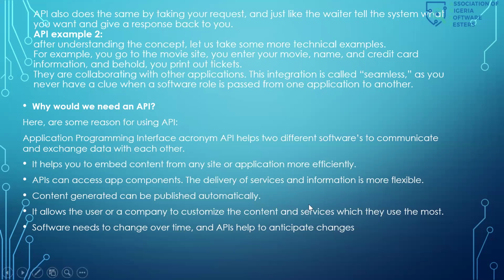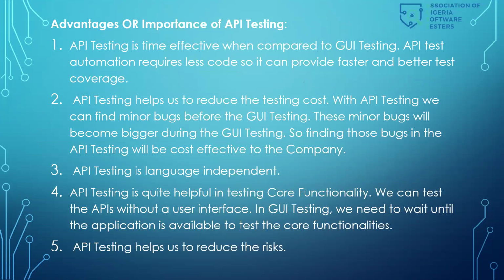So I've also talked about the importance of API testing. API testing is time effective when compared to GUI testing. What we mean by GUI is graphical user interface, meaning that with API you don't have the fine things that you see on an application, like the beautiful font size.